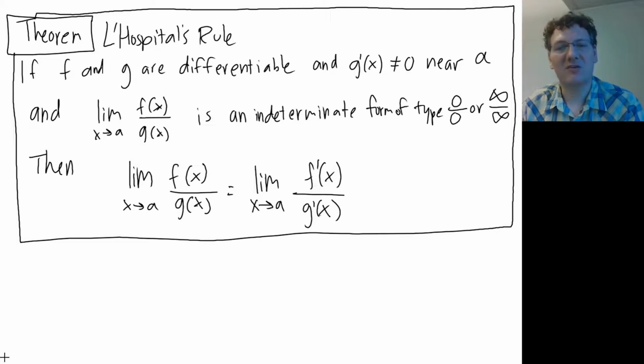So as long as your limit gives you an indeterminate form of either type, you can take the derivative of the top and bottom and then take the limit, and you'll have the same limit. This is super helpful because the indeterminate form can disappear, and oftentimes you can evaluate it super easily.